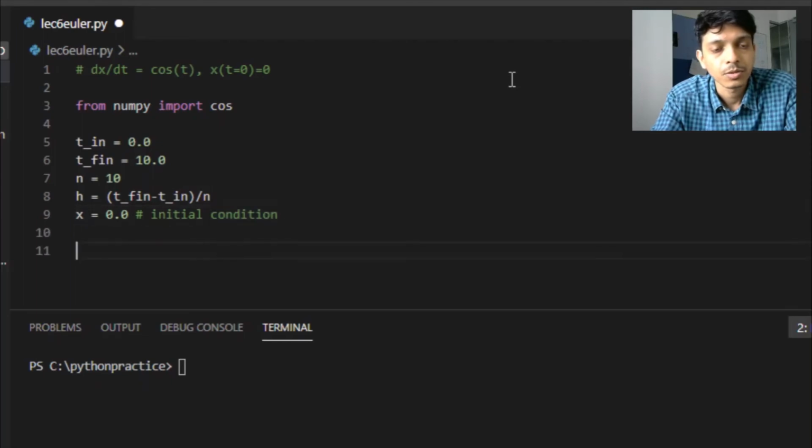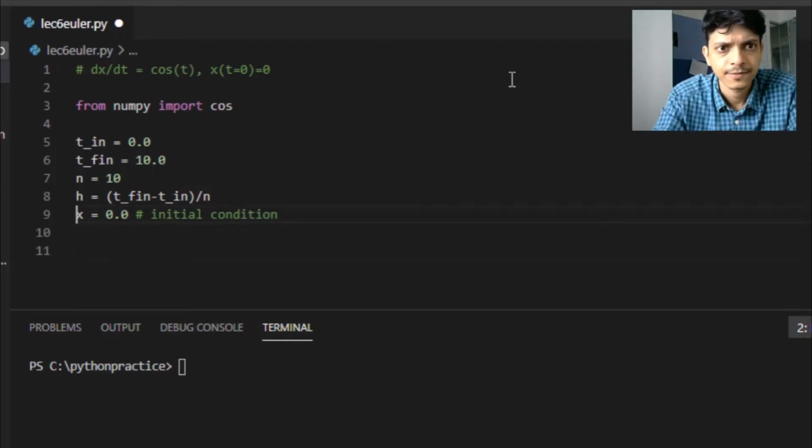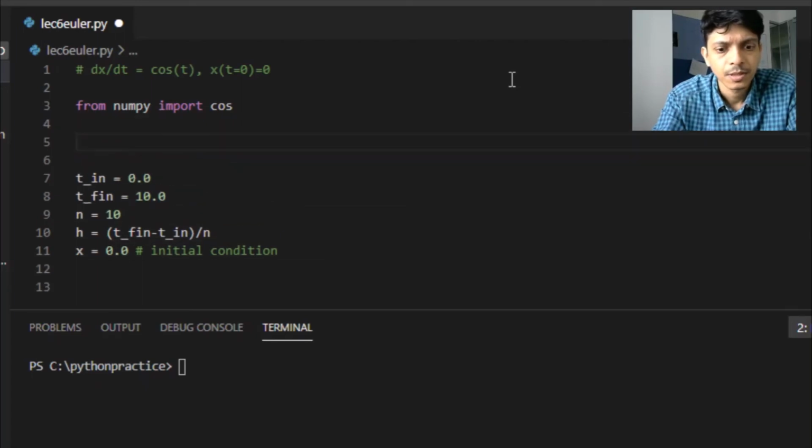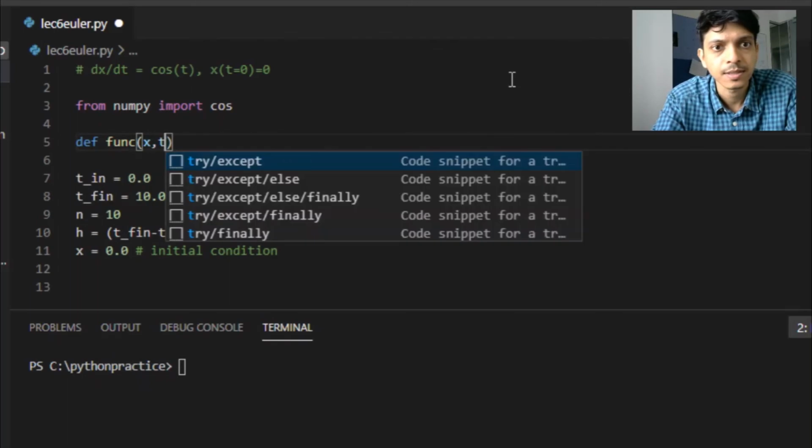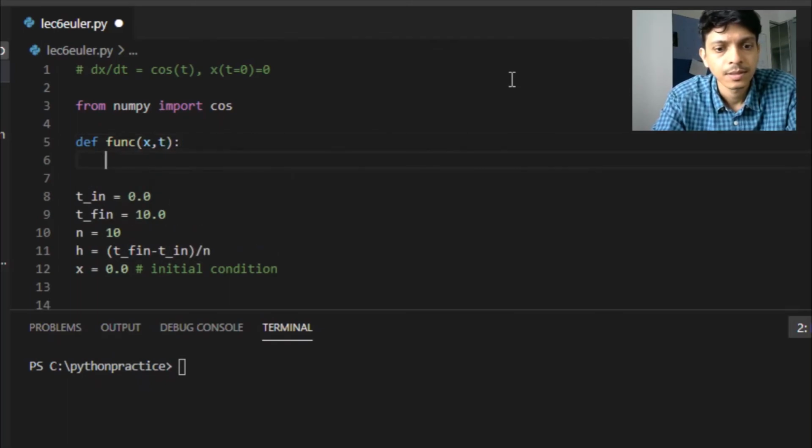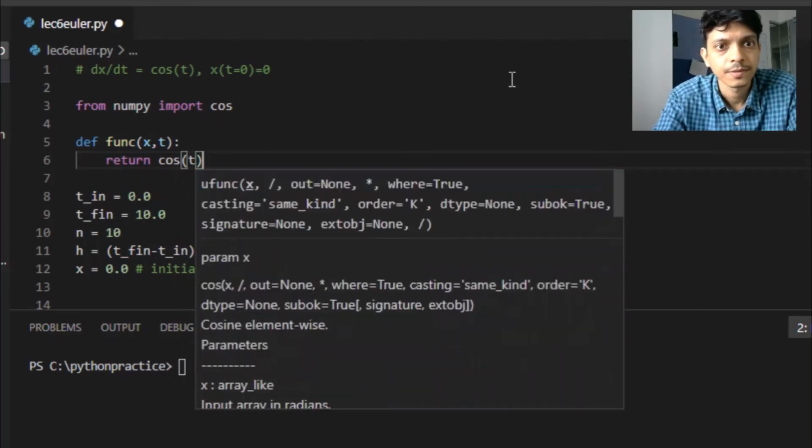Okay, so I think I'm ready. Let's define the function to begin with. Define the function of x and t, and the function for me is just cosine of t.